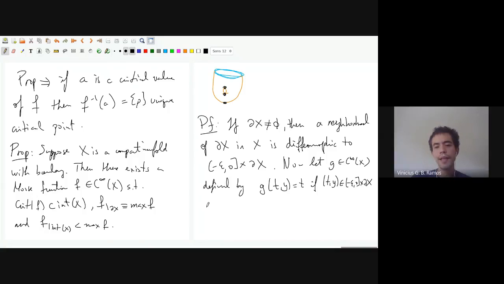And G of x is less than or equal to minus epsilon. I can define it to be this, and I can extend it so that it's always less than or equal to minus epsilon for x not in this collar neighborhood.